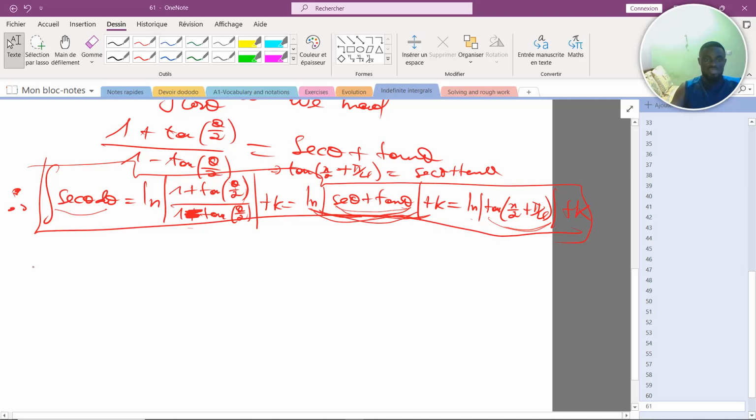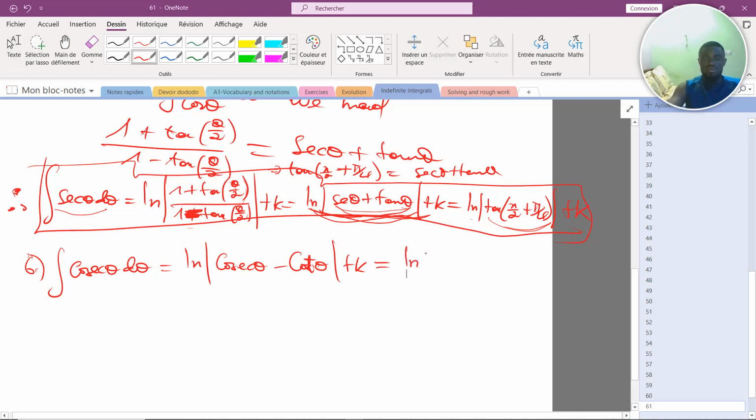So as an assignment, I want you to do the integral, because the next question, I think it's question 6, was to prove that the integral of cosec theta d theta is equal to ln of the absolute value of cosec theta minus cot theta plus a constant of integration, which will be equal, again, to ln of the absolute value of tan of theta on 2 plus a constant k.